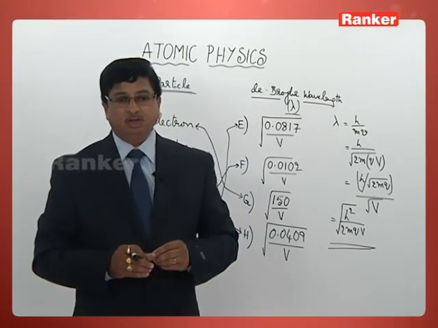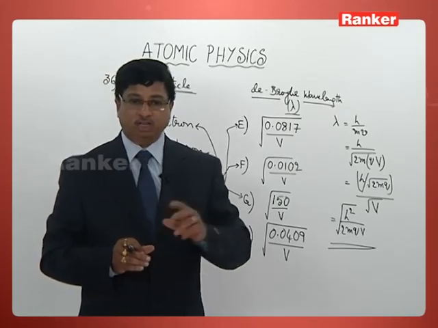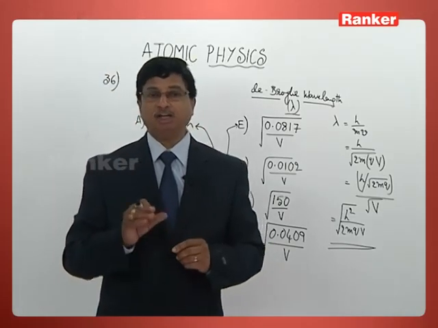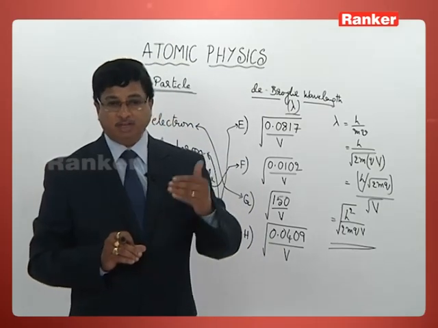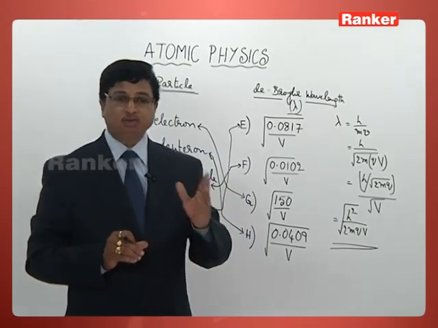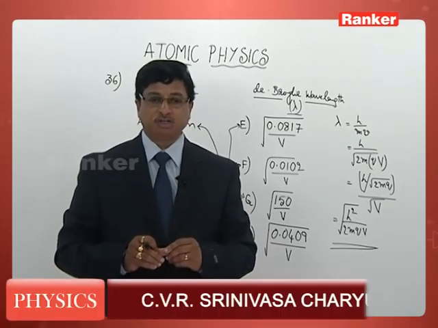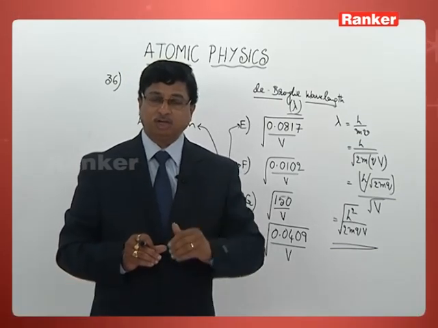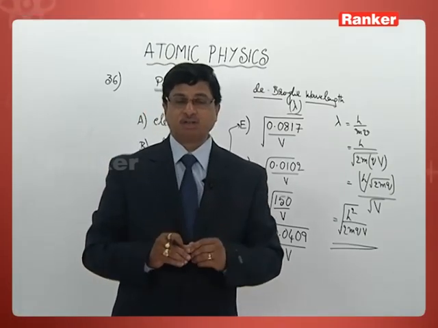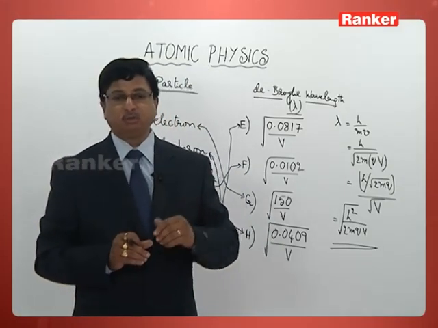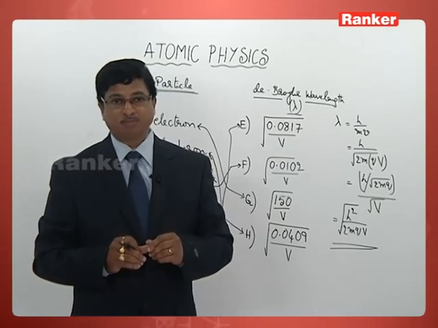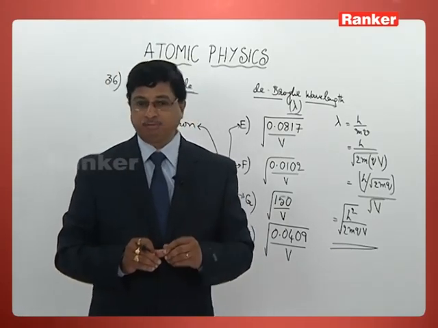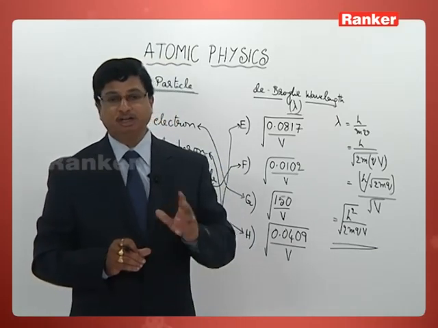First option: A to G, B to E, C to H and D to F. For the second option he has given A to G, B to H, C to F and D to E. Coming to the third option, A to H, B to E, C to F and D to G. And the fourth option he said A to H, B to F, C to E and D to H.